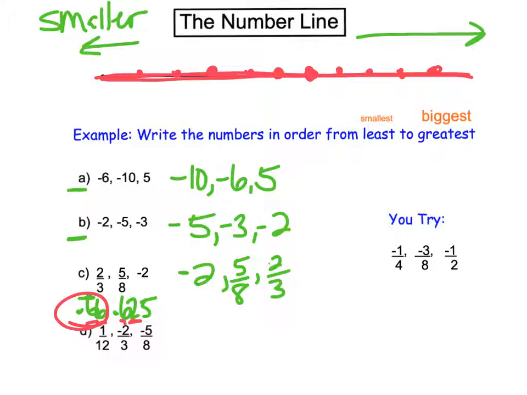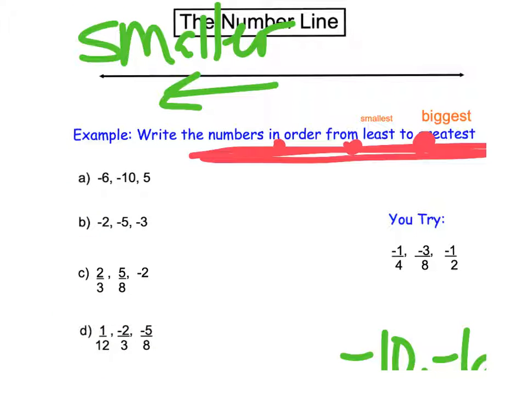Alright, so letter D, same thing. I'll just convert these. So this is 0.625 again, but it's negative, so watch out for that. This is -0.6 repeating, and then 1 divided by 12 is 0.083, so we'll just say 0.08.